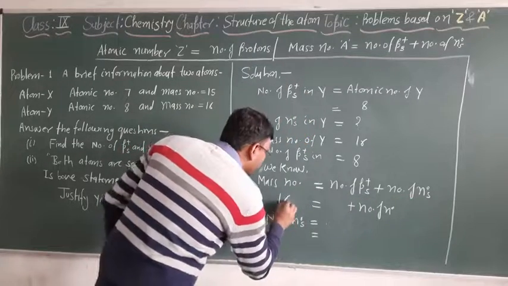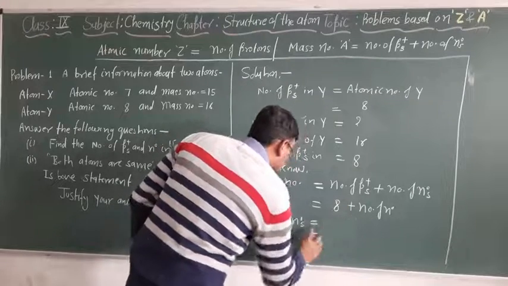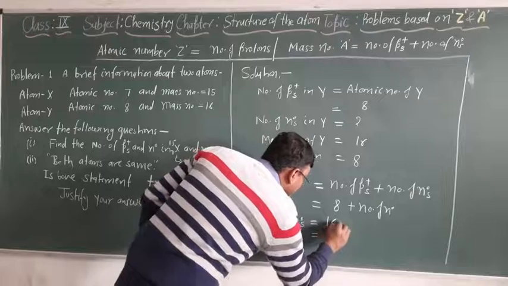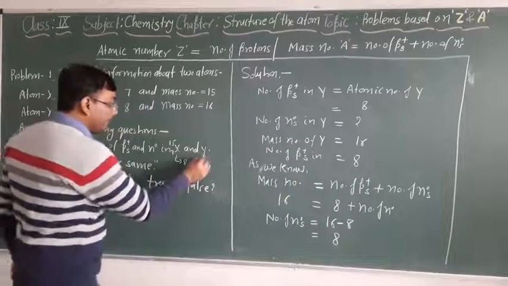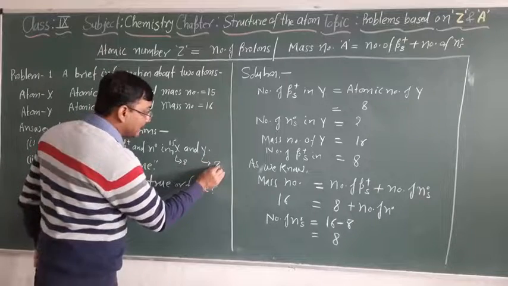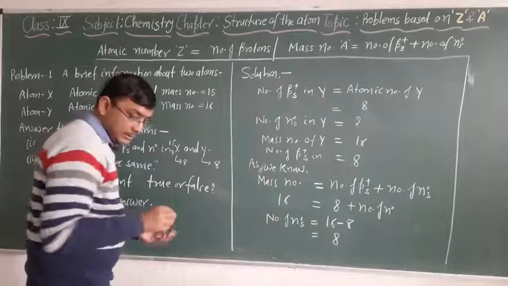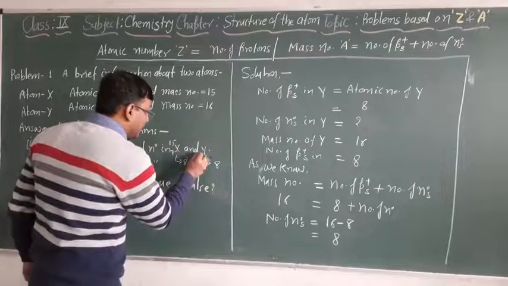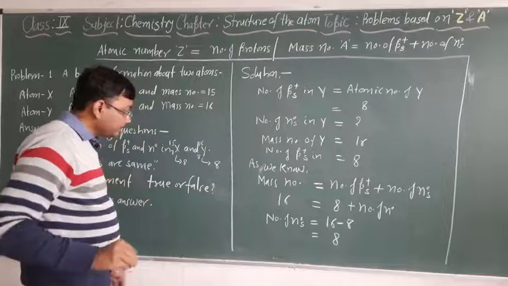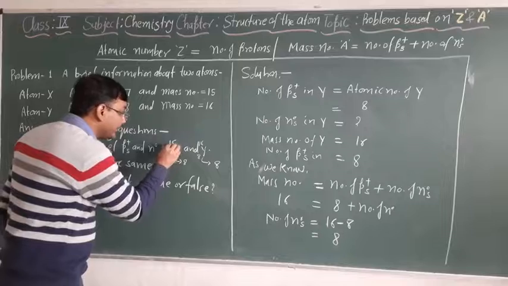Mass number 16, number of protons 8, so number of neutrons is 16 minus 8, which is 8. So the number of neutrons in Y is also 8. Clear? 8 and 16 for Y, and 7 and 15 for X.